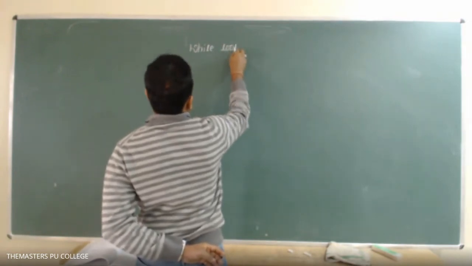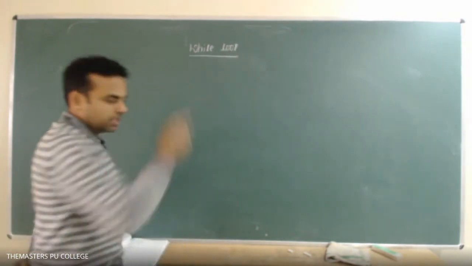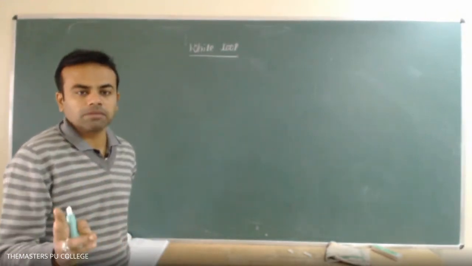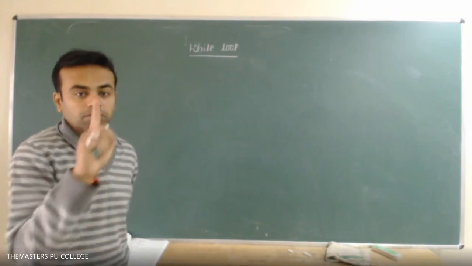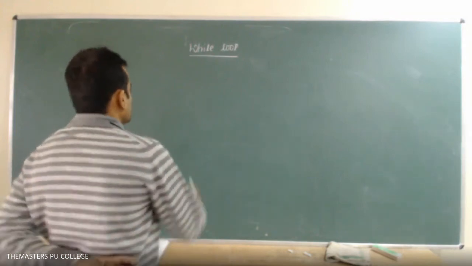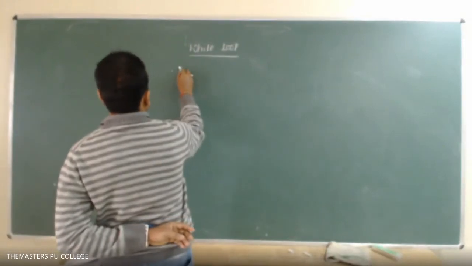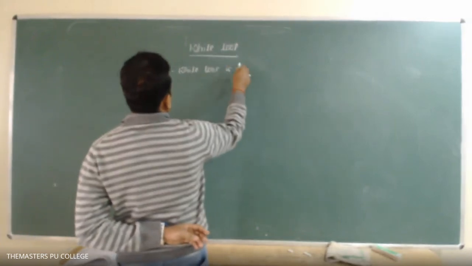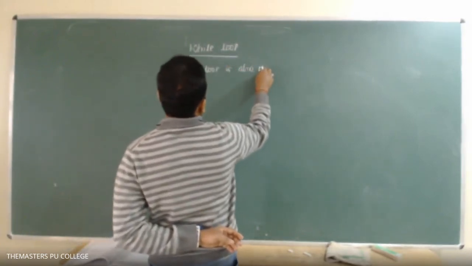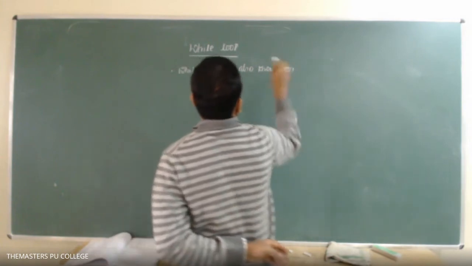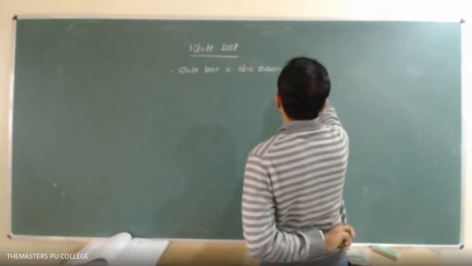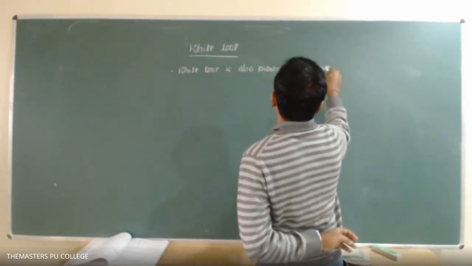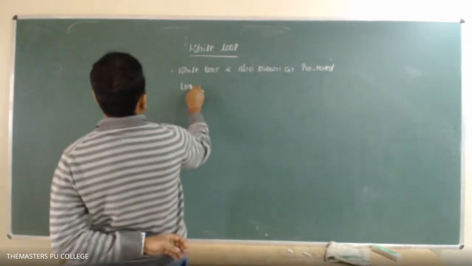The while loop is looping statement number one, do while is number two, and finally the for loop. The while loop is also known as a pre-tested looping statement.